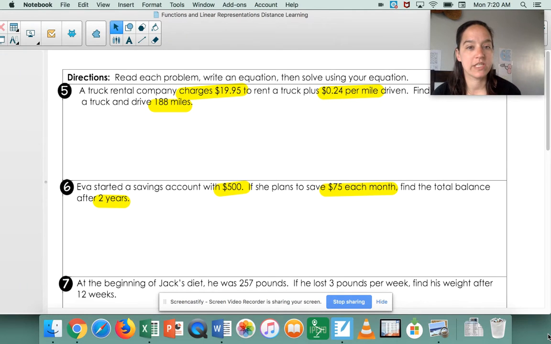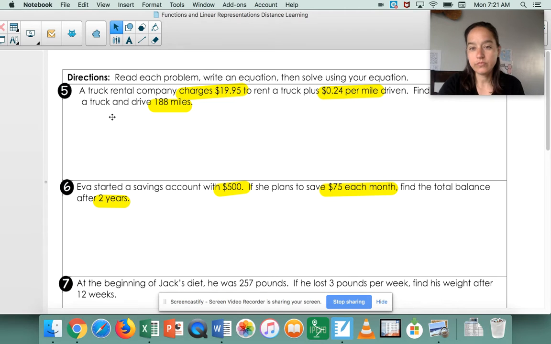The last time we did, for instance, number 5, this truck rental. It charged $19.95 to rent, and then it charged 24 cents every mile. What we learned is we turned things into y equals mx plus b, with the understanding that m was whatever was going to be our constant rate of change, whatever in the problem was going to happen repeatedly.